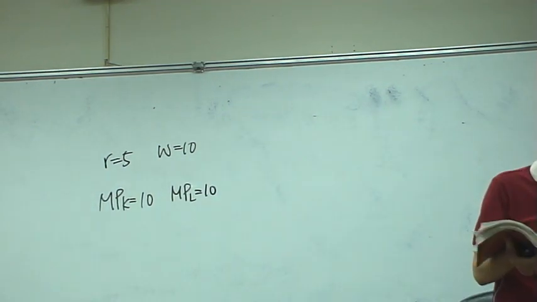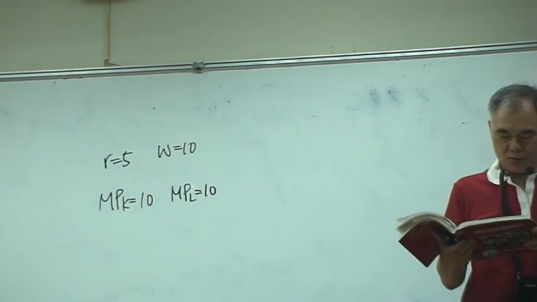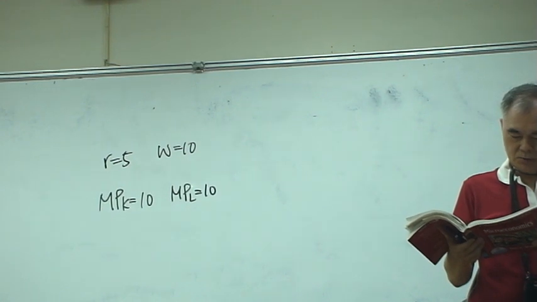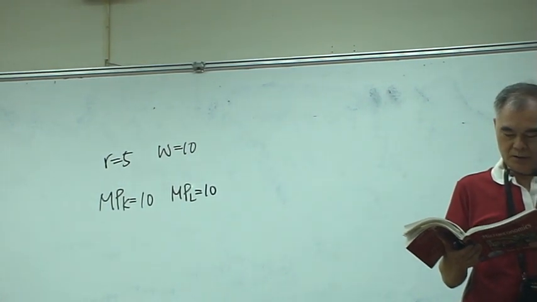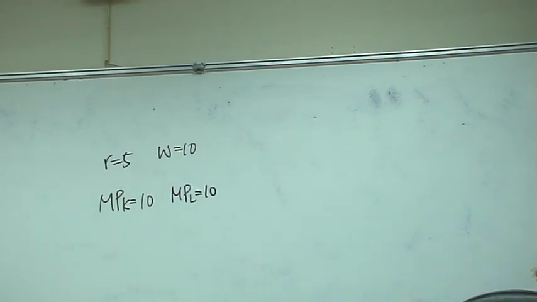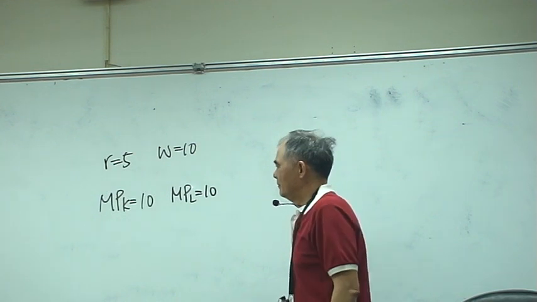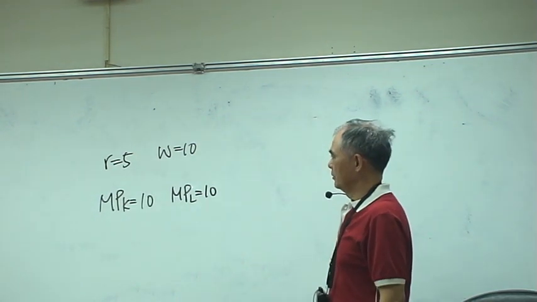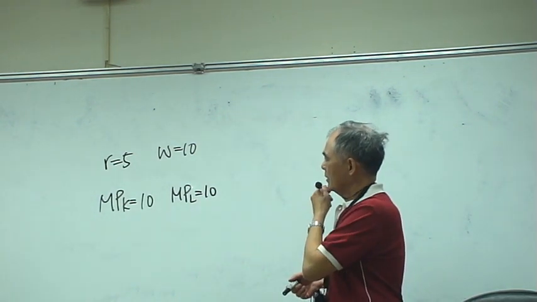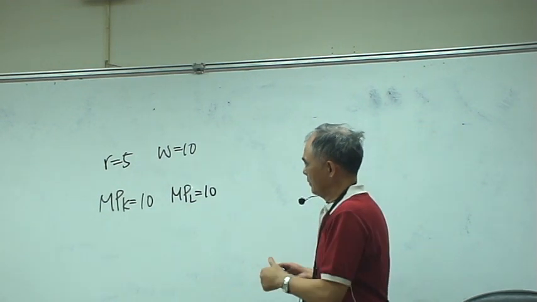Question 1, he said, use an iso-cost graph. Show the firm's current input combination. Well, it's a little bit awkward to do this because it could be something like this.